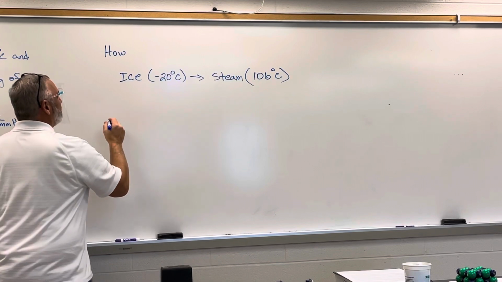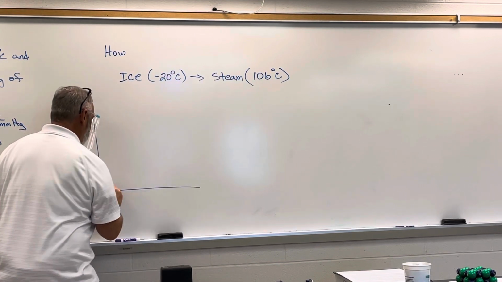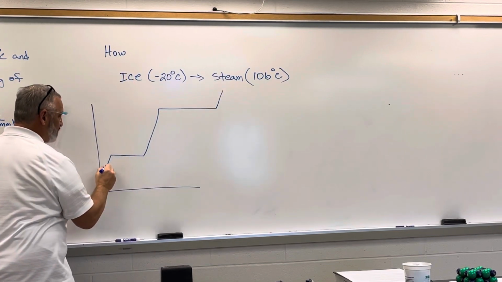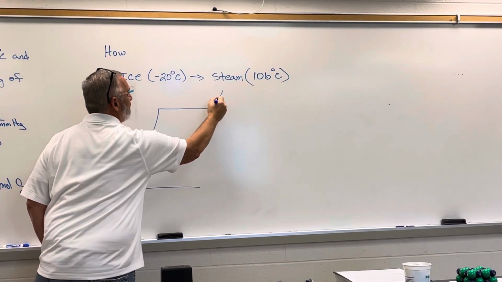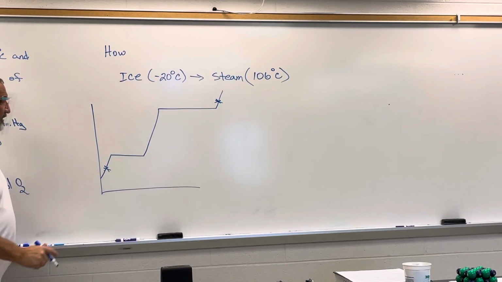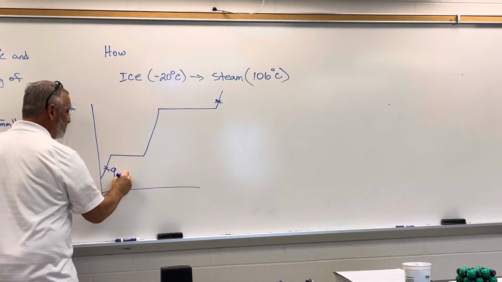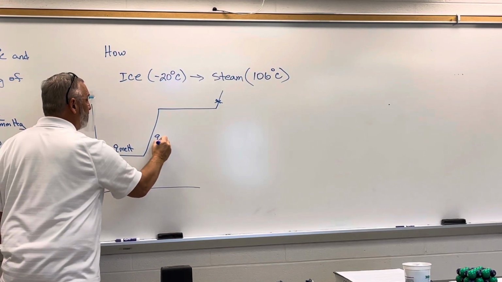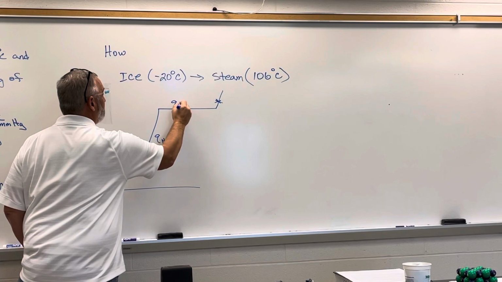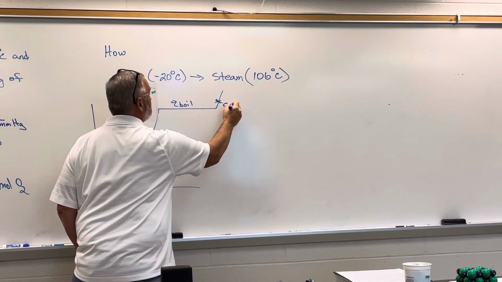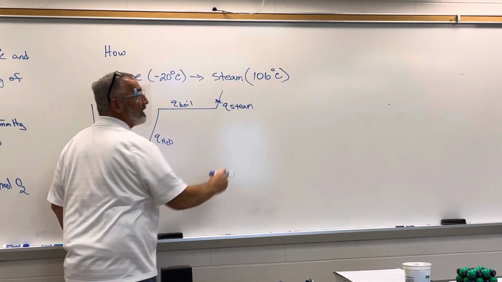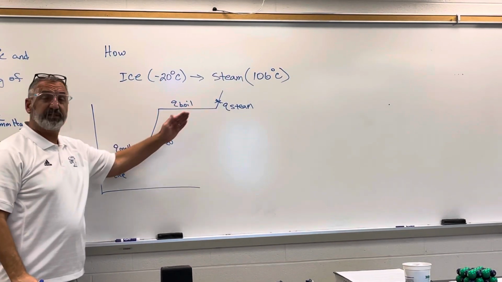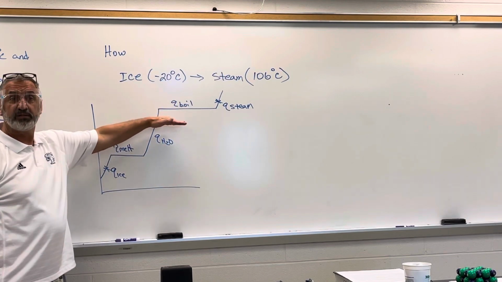So, if we look at our heating curve, we're going to start here and we're going to end up somewhere up in here, right? So we have our Q of the ice, we have Q melt, we have Q of the water, Q boil, and then Q steam. Remember, you don't do one big step, you have to do the segments.